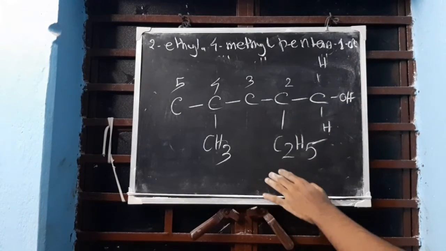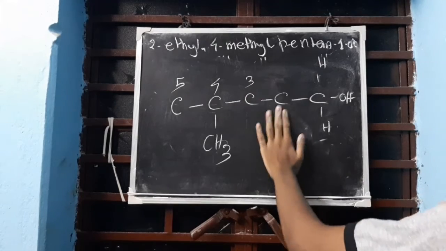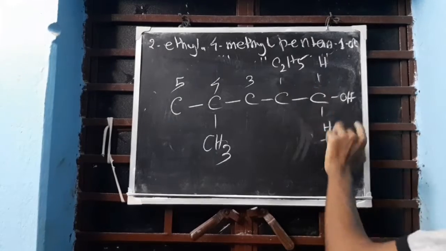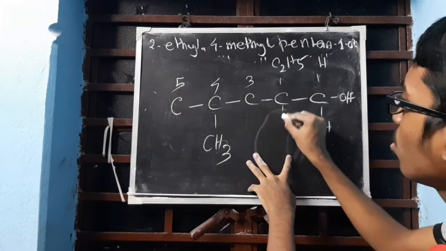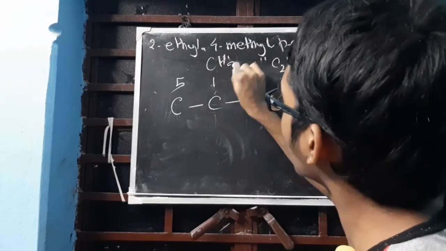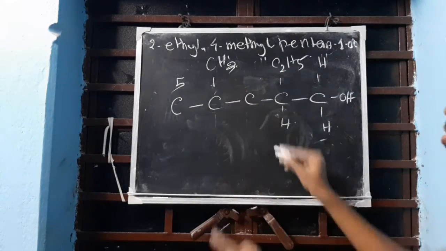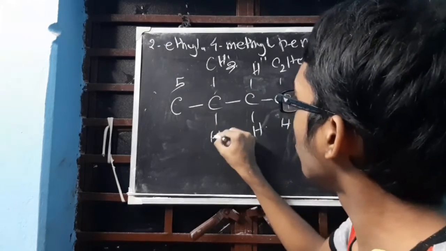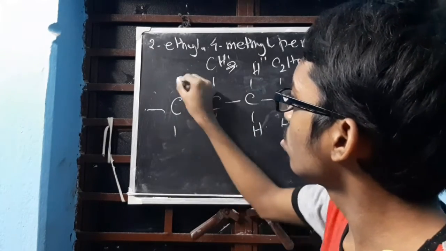Now I am putting C2H5 above. 4 done, 3 done, 1 more. Here 1, 2, 2 more. Here 1 done, 3 done, 1 more. Done. And here 1, 2, 3. Done.